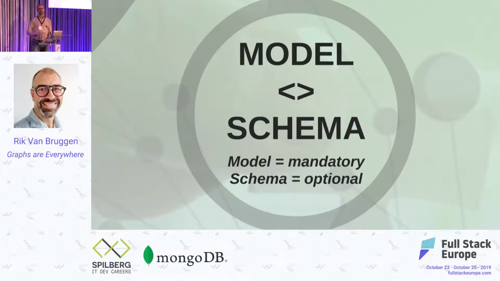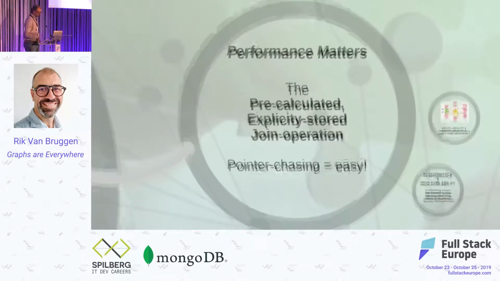So you develop, and you add stuff to it, and you change things around, and you find out more information about the domain. And only when you get closer to production do you actually add schema, because that's when integrity and consistency really starts to matter. So there's a clear difference, and this is an implementation specific thing, but this is what we do. We separate the model from the schema.